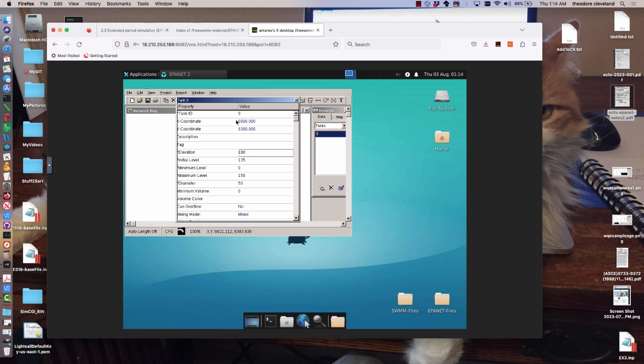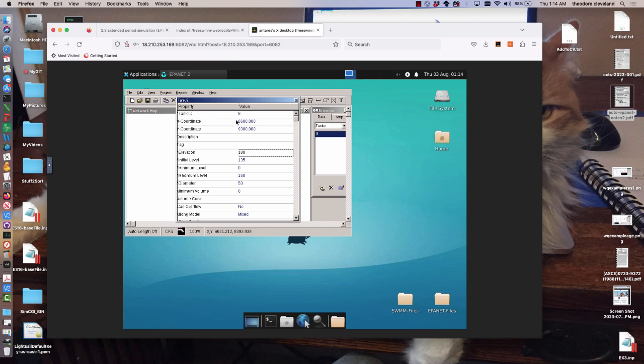The maximum level is 150. That's a very tall cylinder. And the diameter, like you said, was 50 feet.